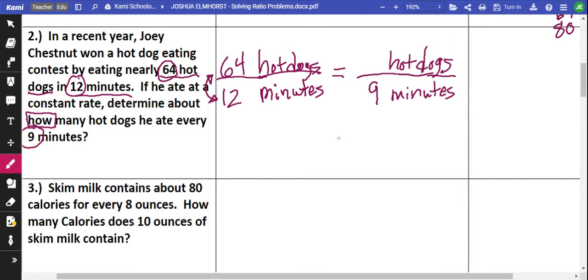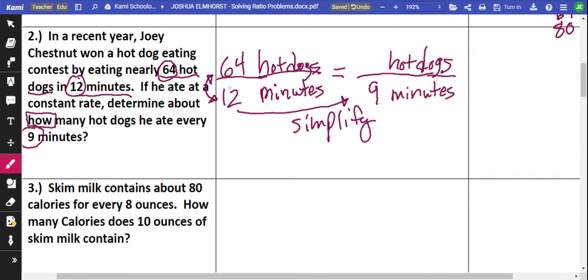So we could simplify this ratio to make an equivalent ratio and see, can we compare 12 to 9 more easily if we simplify.